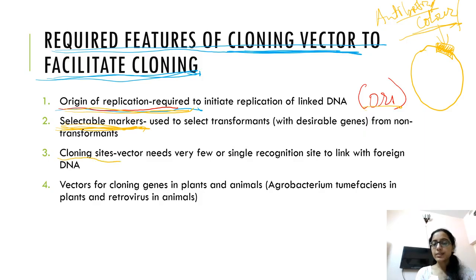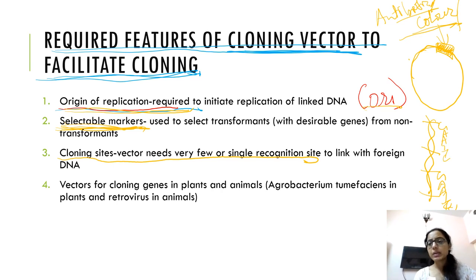Third one, the cloning site. A vector needs very few or a single recognition site. Suppose this is a DNA and this is having multiple recognition sites, GAATTC, GAATTC.